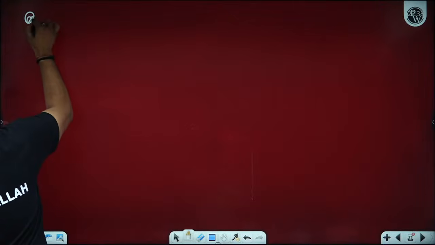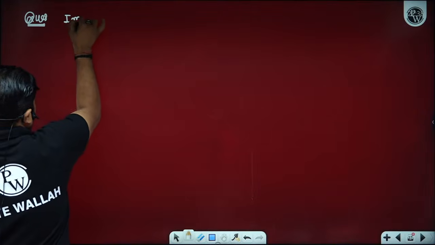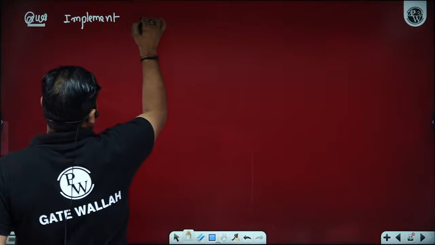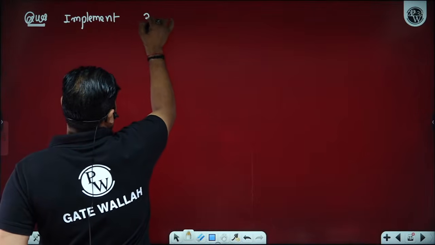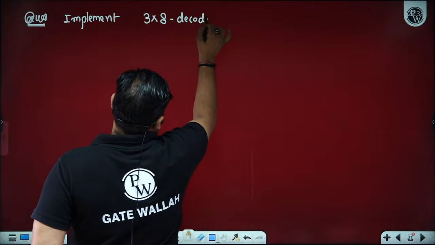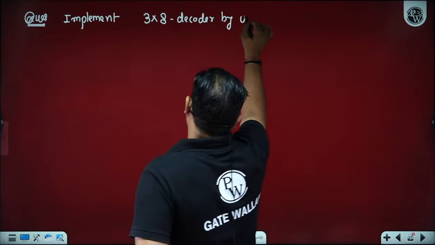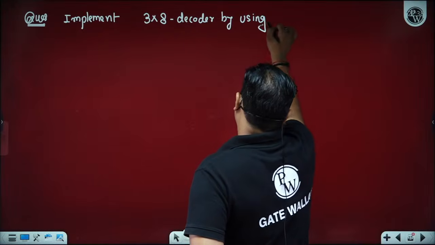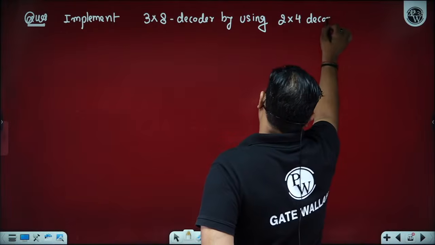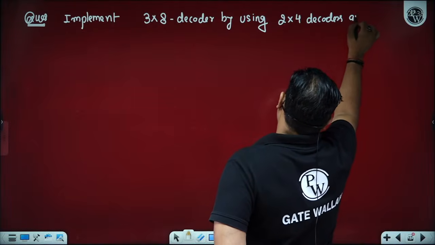So now one more question. Implement a 3x8 decoder by using 2x4 decoders and an inverter.